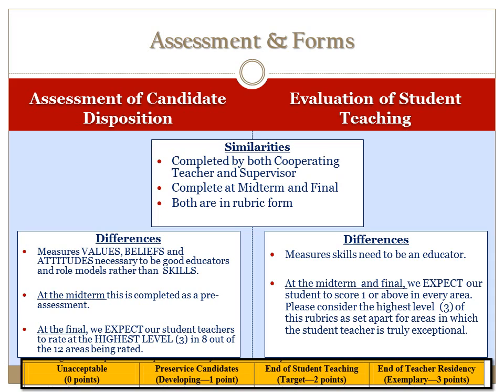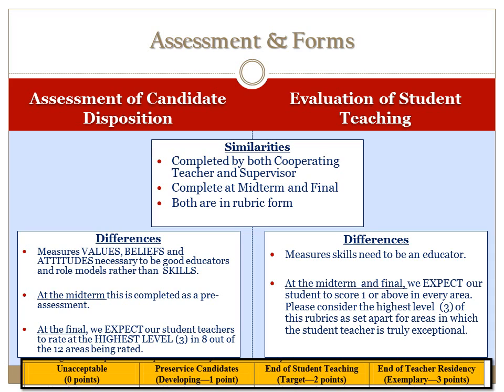Next, we will look at the Evaluation of Student Teaching. This evaluation does measure the skills needed to be an educator. At the midterm and at the final, we expect our student teachers to score a 1 or above in every rubric area. Please understand that the highest level of 3 on this rubric is set apart for areas in which the student teacher is truly exceptional.